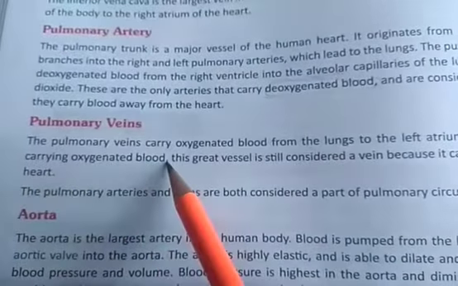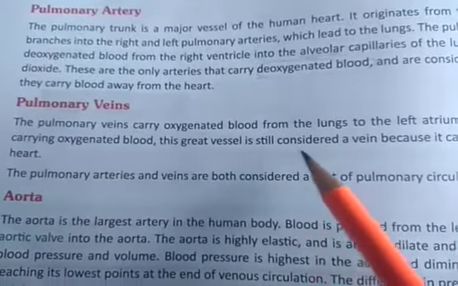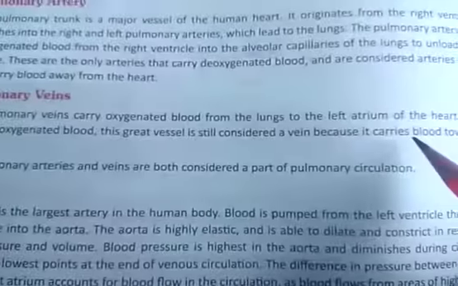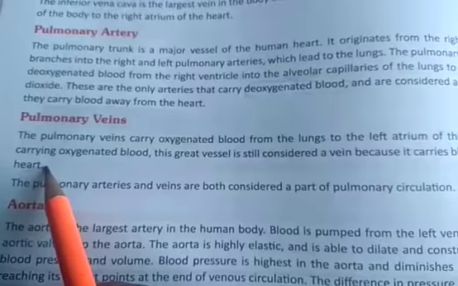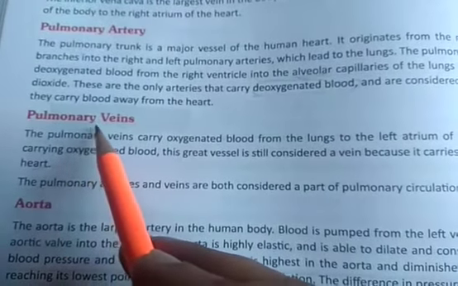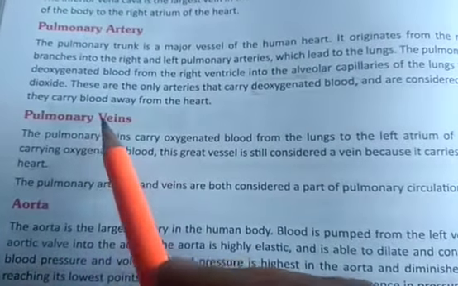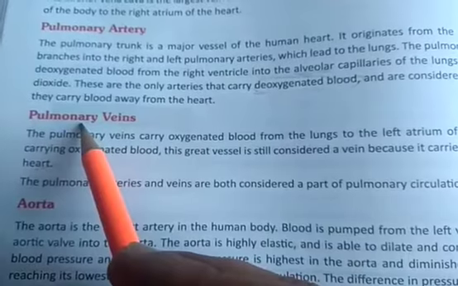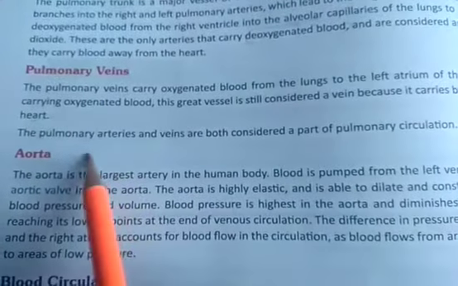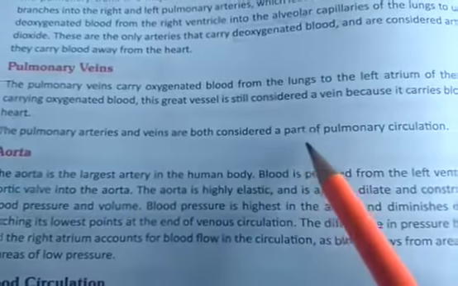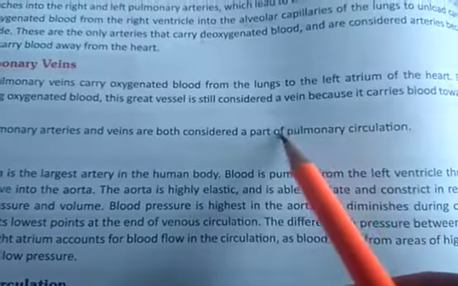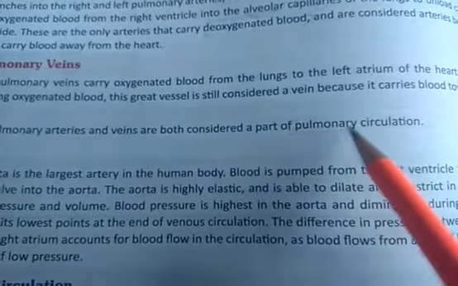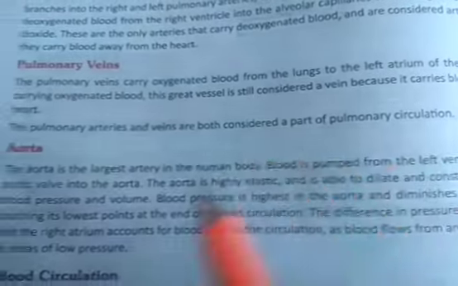Despite carrying oxygenated blood, this great vessel is still considered a vein because it carries blood towards the heart. So the pulmonary vein is an exceptional vein which carries oxygenated blood. The pulmonary arteries and veins are both part of pulmonary circulation. The blood circulation between heart and lungs is called pulmonary circulation.